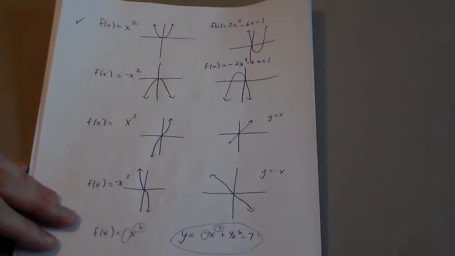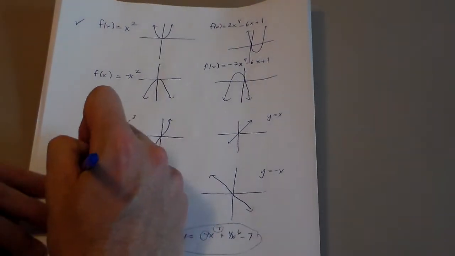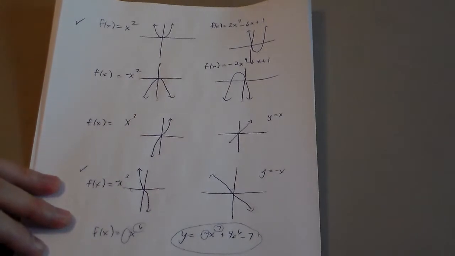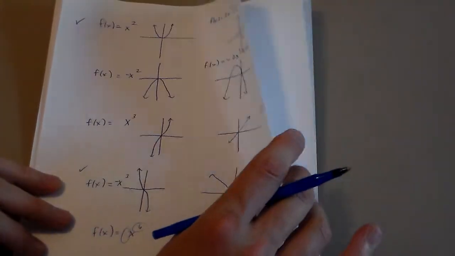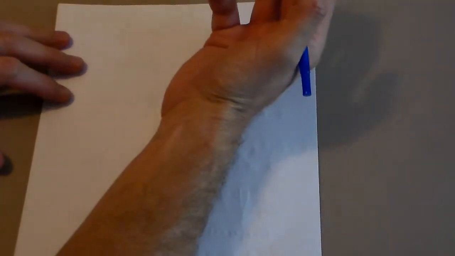Where do I have a negative leading coefficient and an odd exponent? Well, that's these two right here. Okay, so the point of all of this is to describe what's called its end behavior, how the function ends. Okay, now this is something that I will give you. I'm not going to ask you to memorize this part.